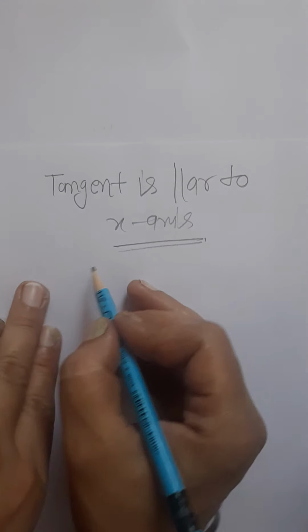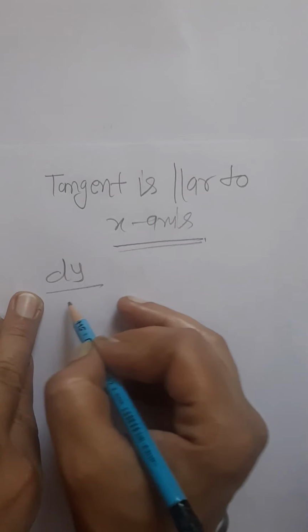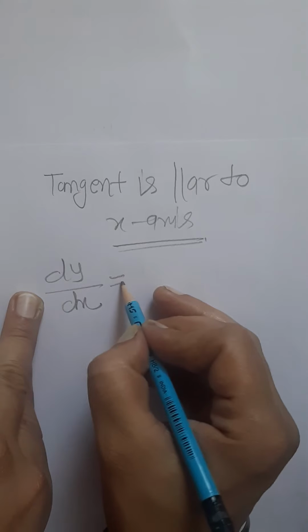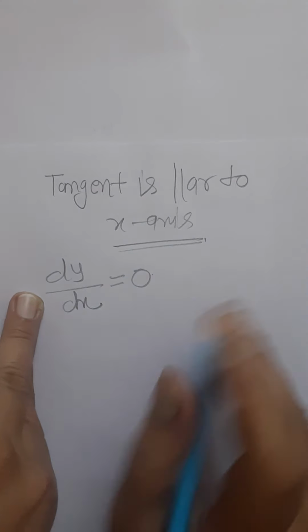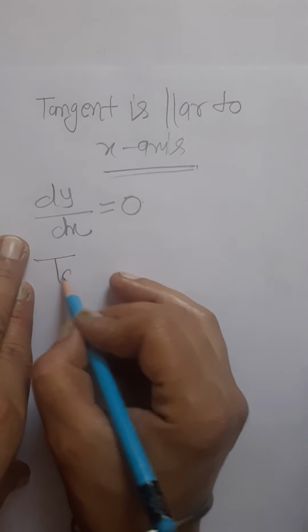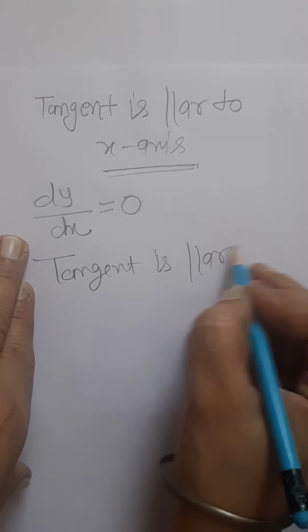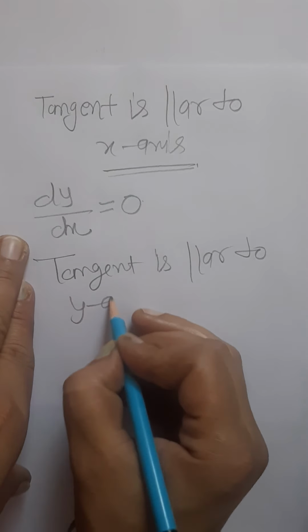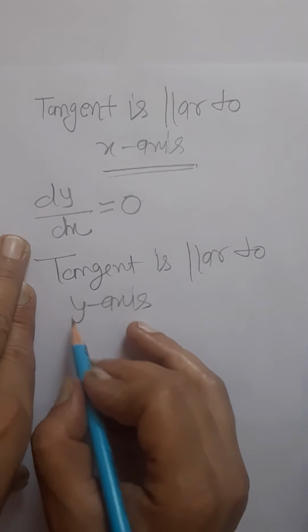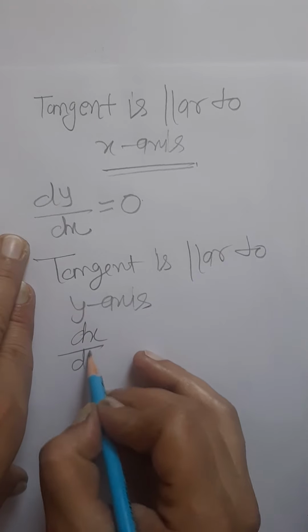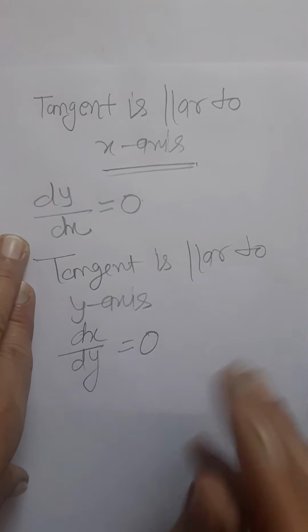Parallel to the x-axis, then you put the derivative of the function equal to 0. And when he says the tangent is parallel to the y-axis, then you put dx by dy is equal to 0.